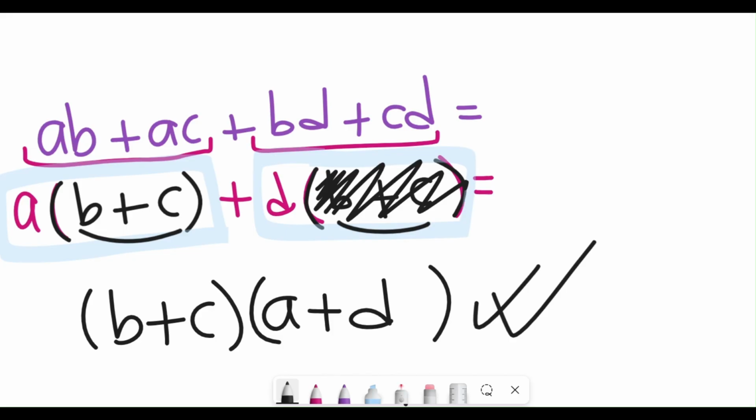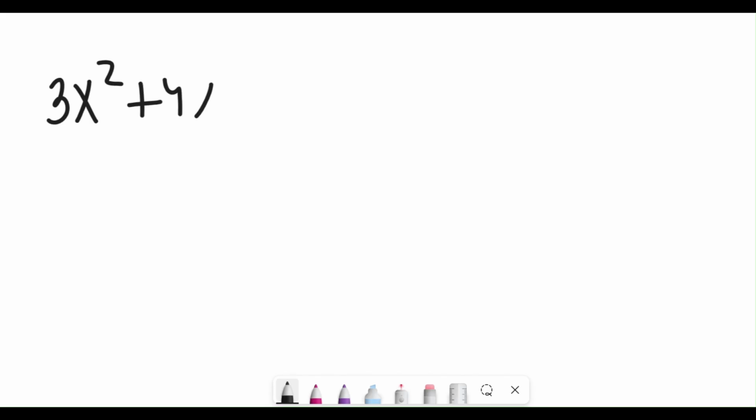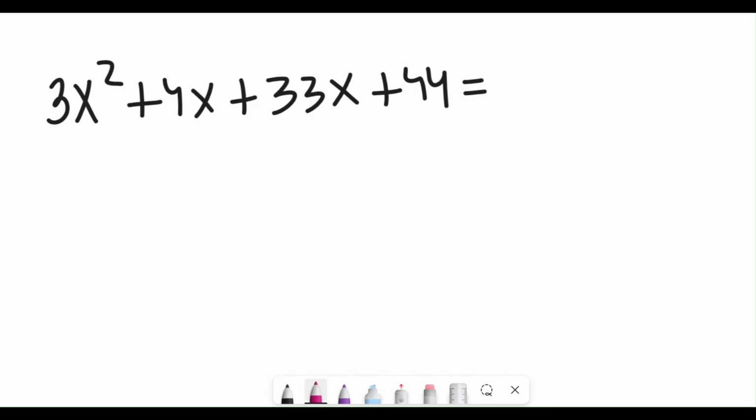All right. Let's try another example without using any formulas, okay? What if we have 3x squared plus 4x plus 33x plus 44? Okay, it's four terms, so we do grouping here. First two terms, what do they have in common? Oh yeah, they have x in common, right? X multiplied by what will give you 3x squared? It's 3x.